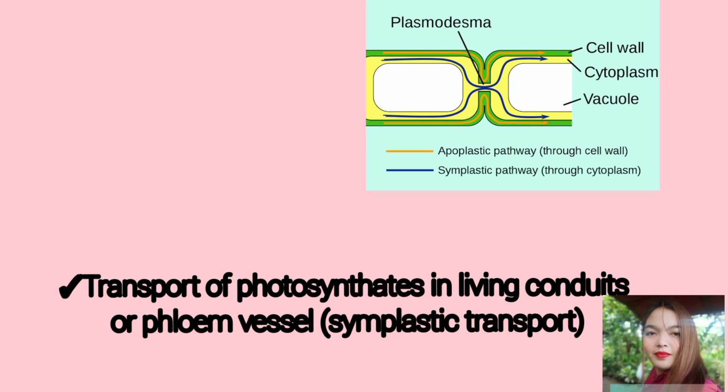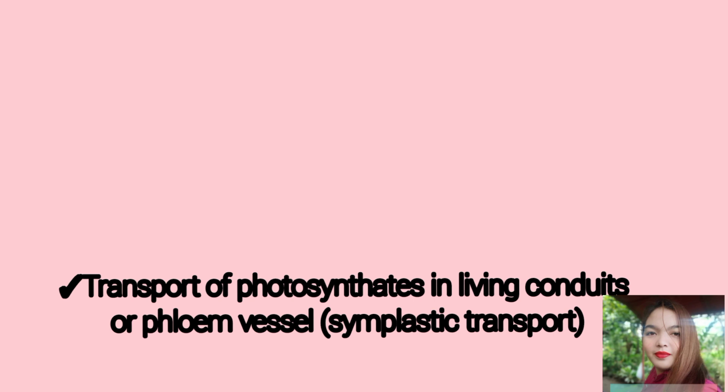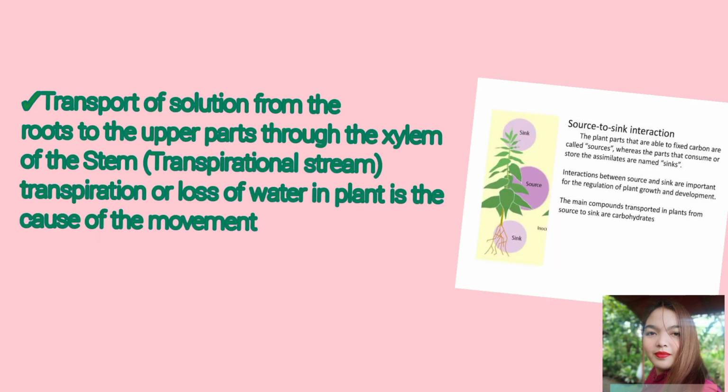And for the third one, it is the transport of photosynthates in living conduits or phloem vessels, which is symplastic transport.